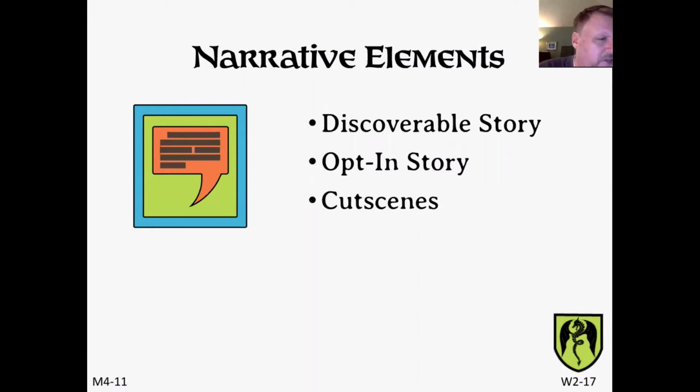Opt-in story is, think of it like sub-quests or side quests in an RPG. As you're going through the main storyline of the game, or the main content, you may be able to put along the player's path these things where the poor, helpless, huddling people on the Mad Cow Planet say, "Please, sir, can you help us?